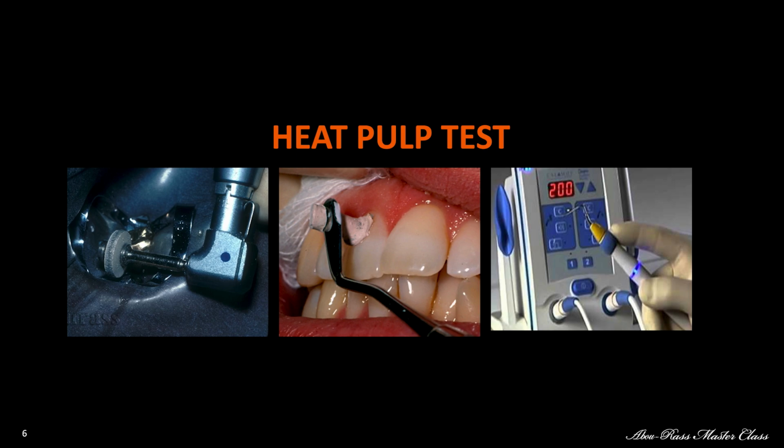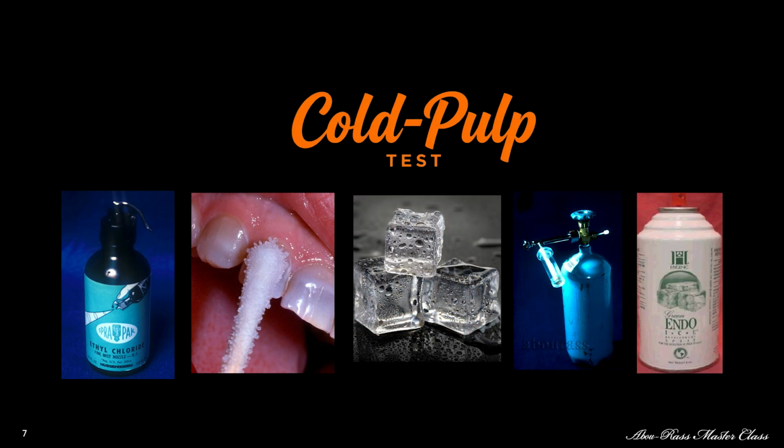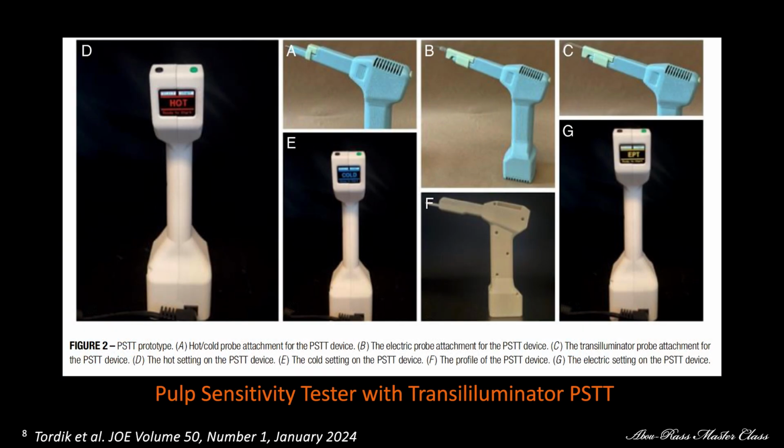We also had the heat pulp test: running rubber wheels, melted gutta percha, electric sources. The cold test, starting with ice, going to ethyl chloride, to CO2 ice, and from there till today.